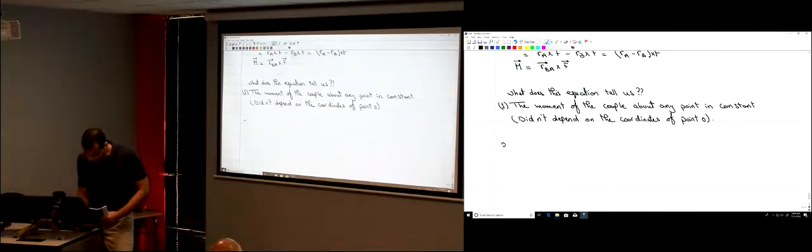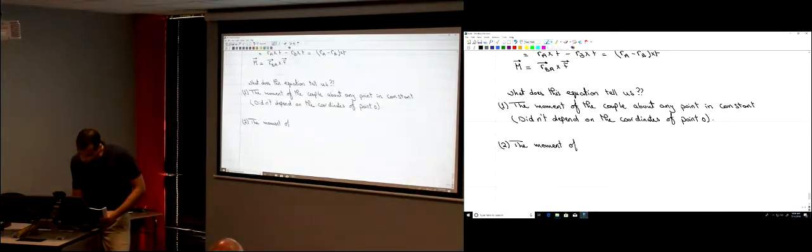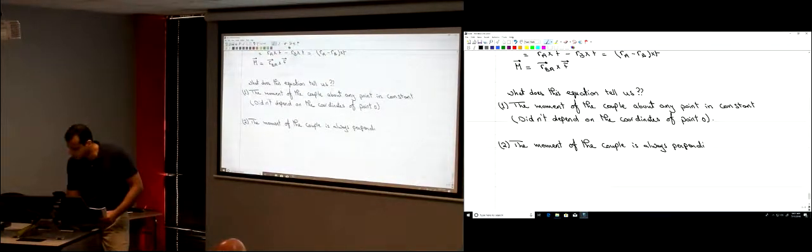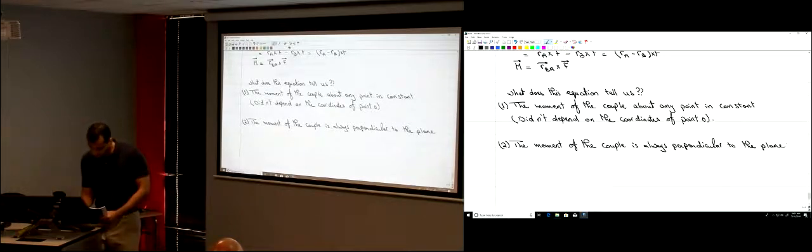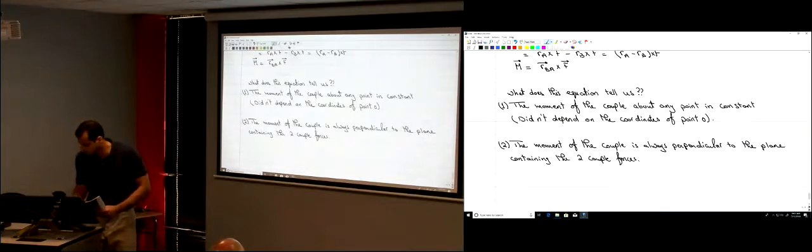The second thing here, the moment of the couple is always perpendicular to the plane containing the two couple forces, right?